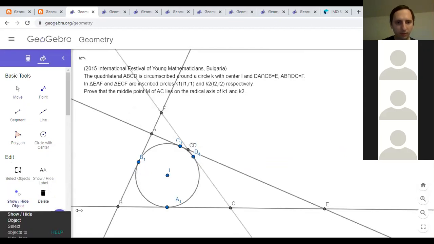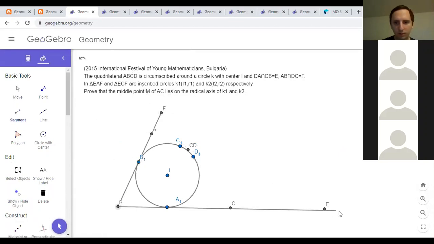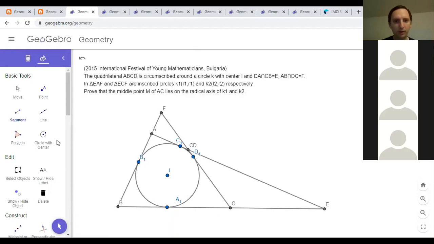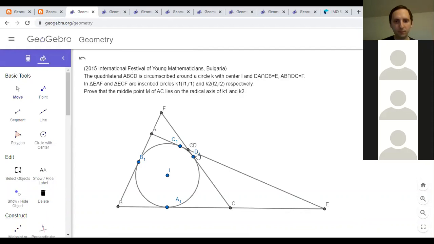I'm going to rename them later. So in triangles EAF and ECF, we draw the incircles of EAF and ECF.